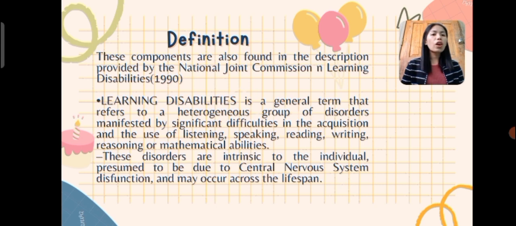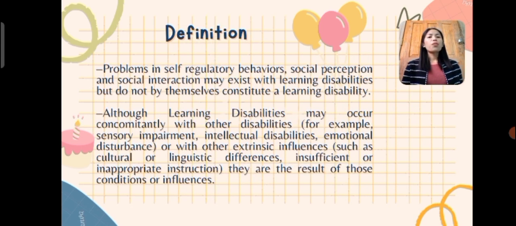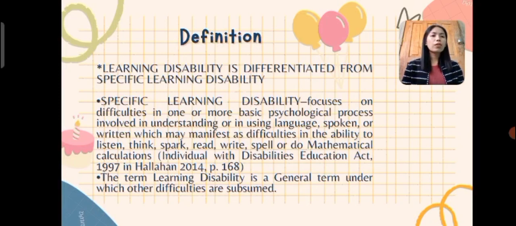And it may occur across the lifespan. Okay. Problems in self-regulatory behaviors, social perception, and social interaction may exist with learning disabilities, but do not by themselves constitute a learning disability. And next, we are going to know what is specific learning disability.